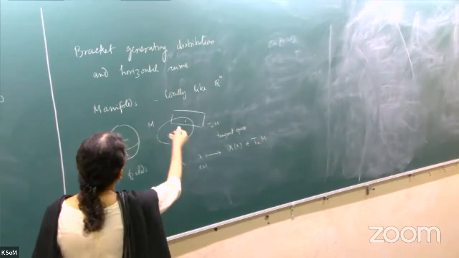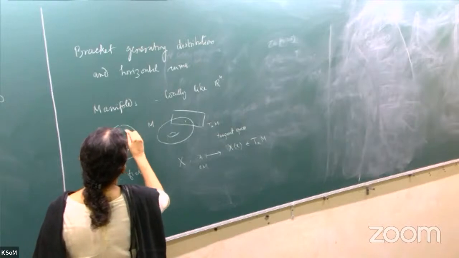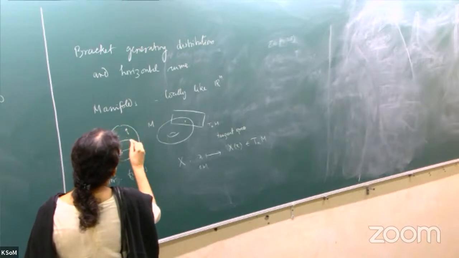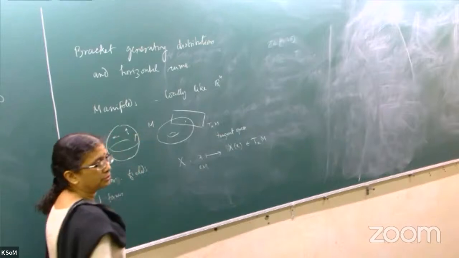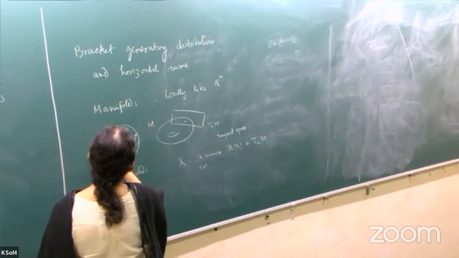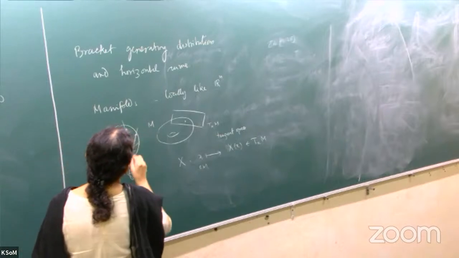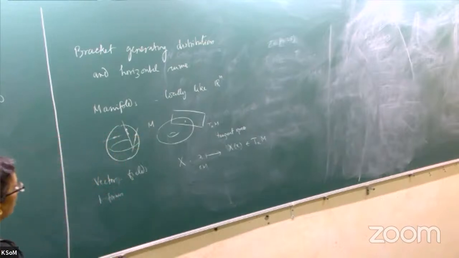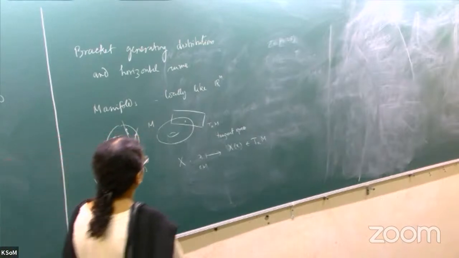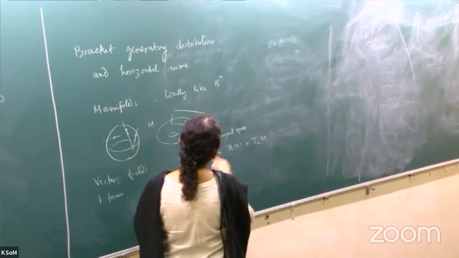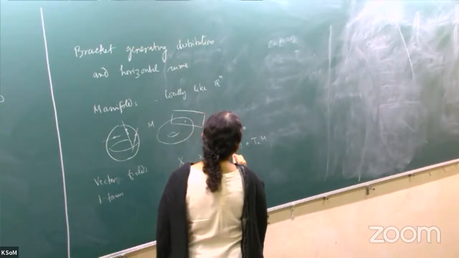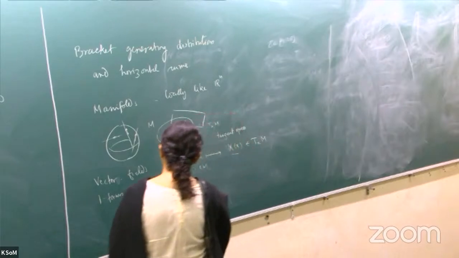So in this picture, suppose you have a point. At each point, you have certain directions associated with it. It's not just a direction, but one-dimensional lines. So a vector field is a specific vector in the tangent space.